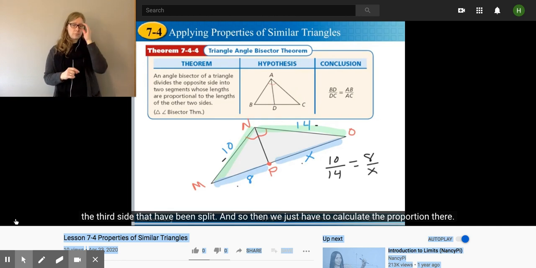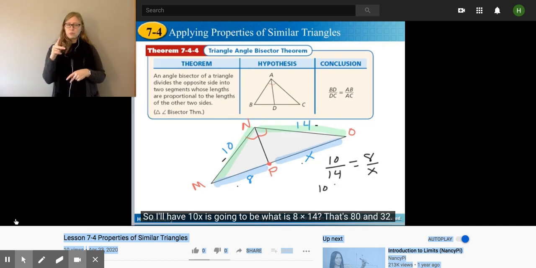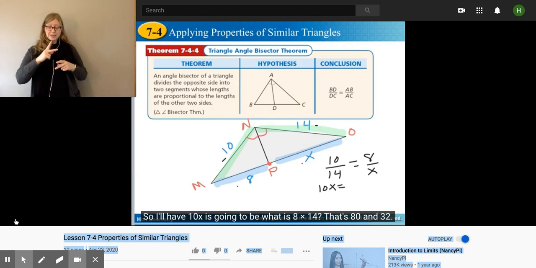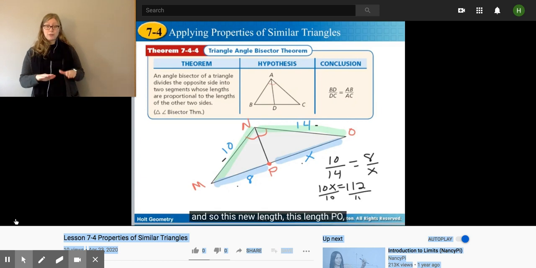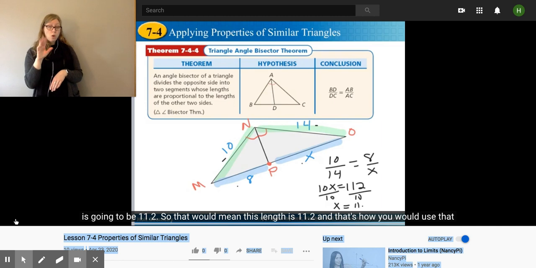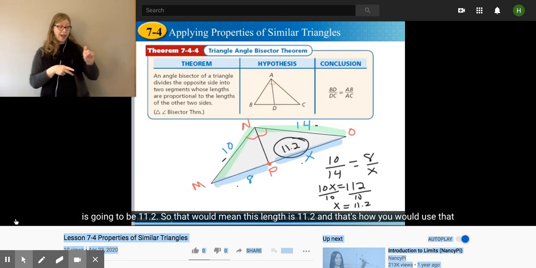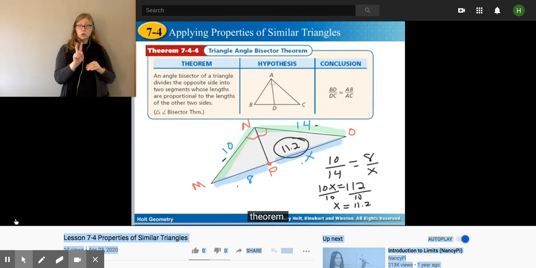Then we just have to calculate the proportion. So 10x is going to be 8 times 14, that's 80 and 32, so that's 112. Then I divide by 10, and this length, PO, is going to be 11.2. So this length is 11.2, and that's how you would use that theorem.